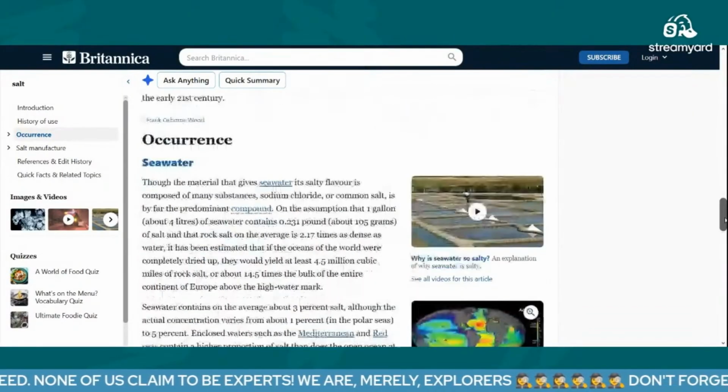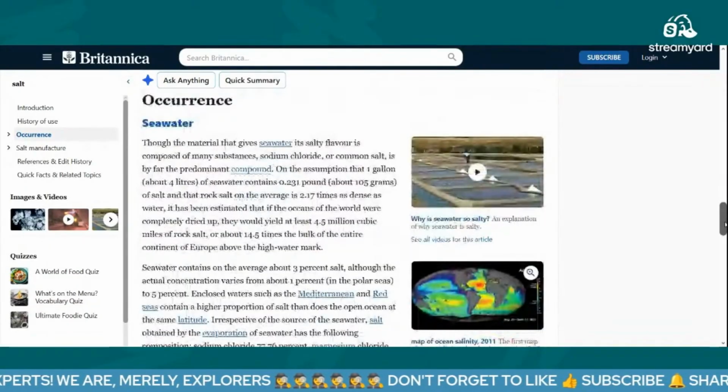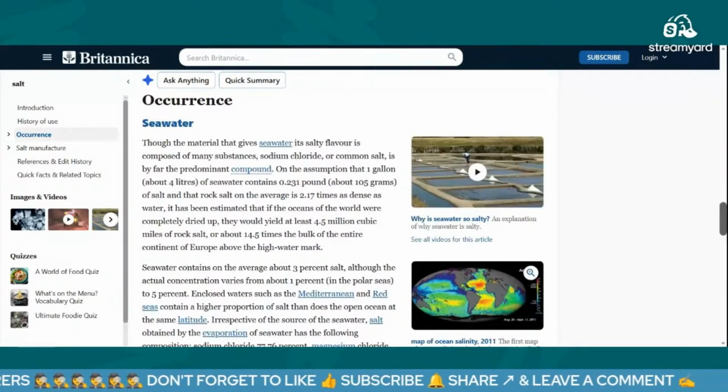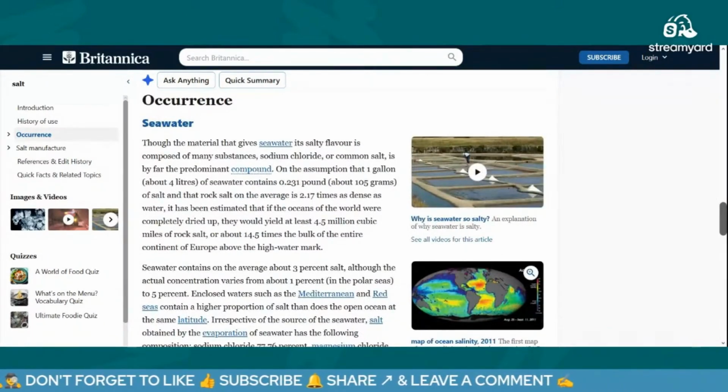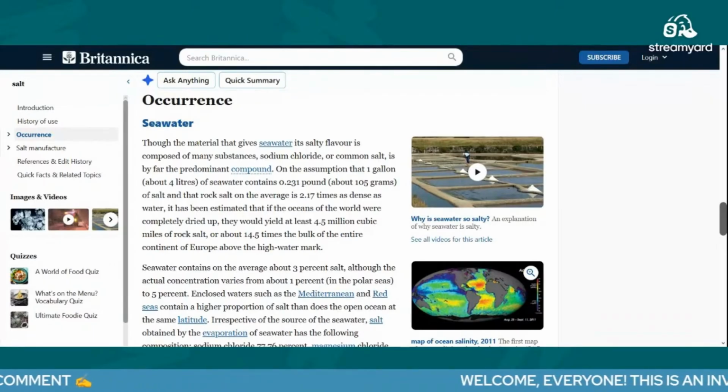Occurrence. Seawater. Though the material that gives seawater its salty flavour is composed of many substances, sodium chloride, or common salt, is by far the predominant compound.